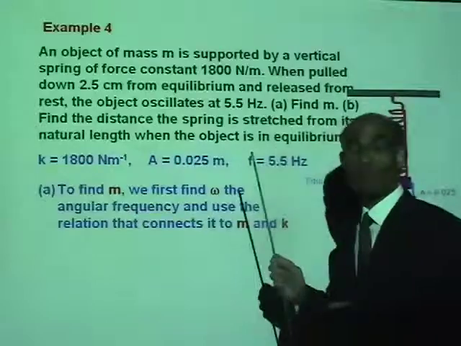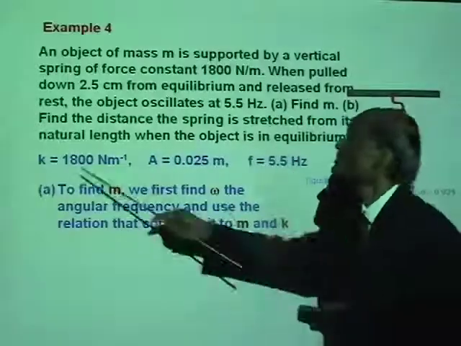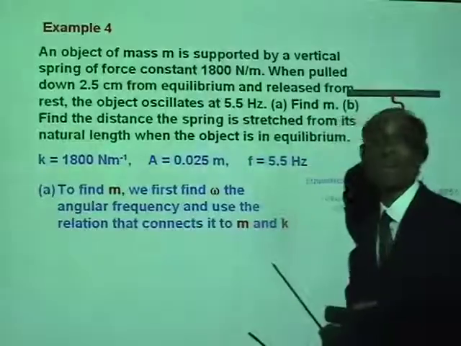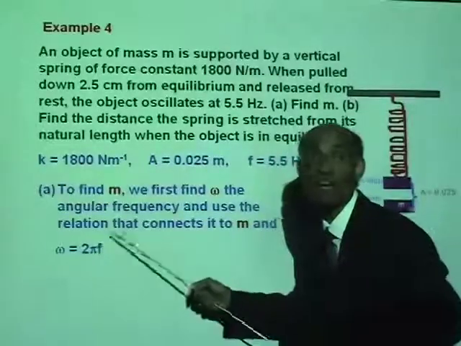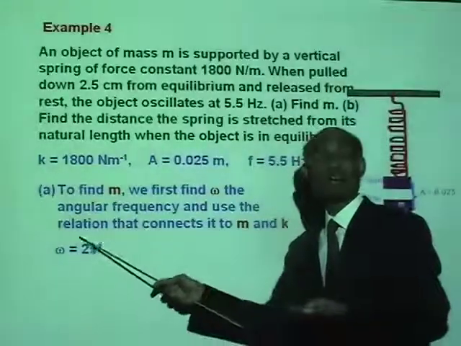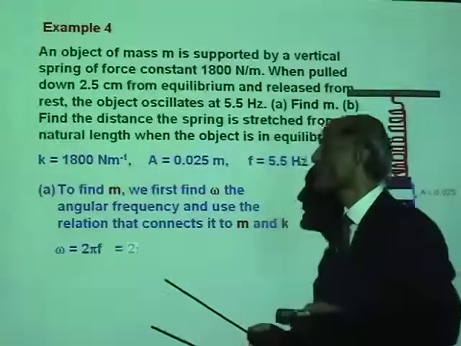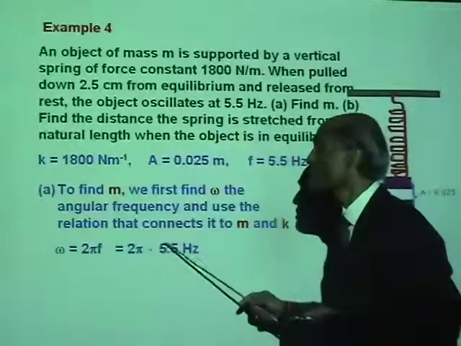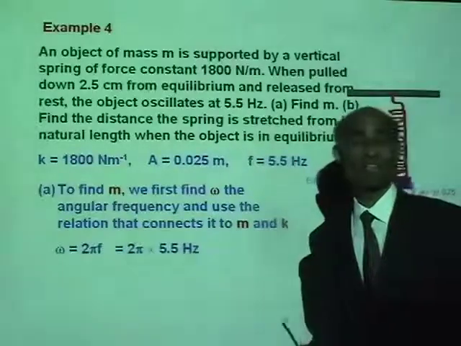So, if you want to find m, we better find omega, because you know the value of k. Alright, omega equal to 2 pi f. You are given the frequency. So, we obtain the value of omega from this equation. Omega equal to 2 pi f, 2 pi times 5.5 Hertz. And what is that equal to?